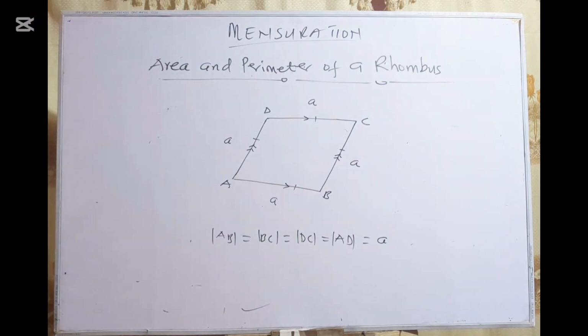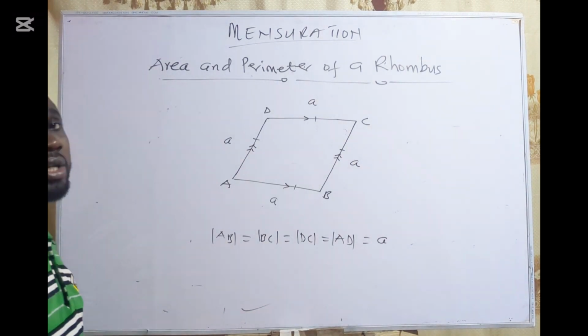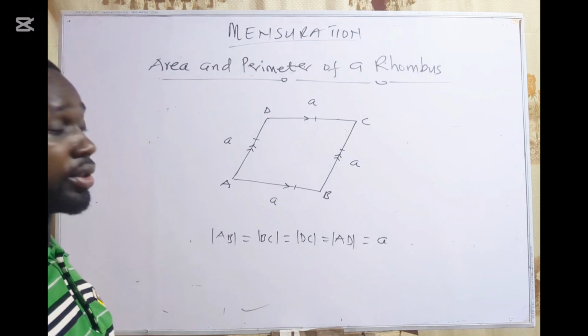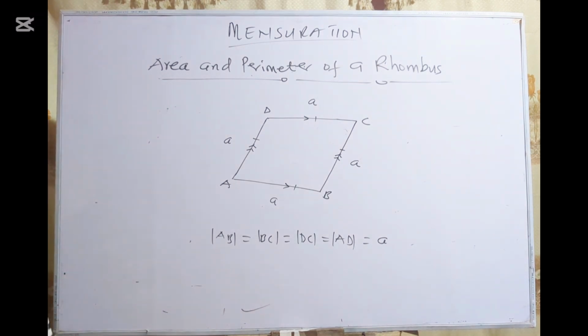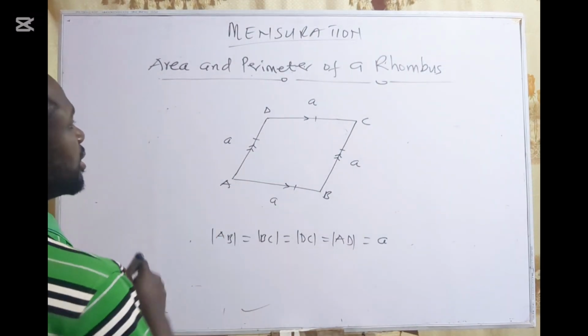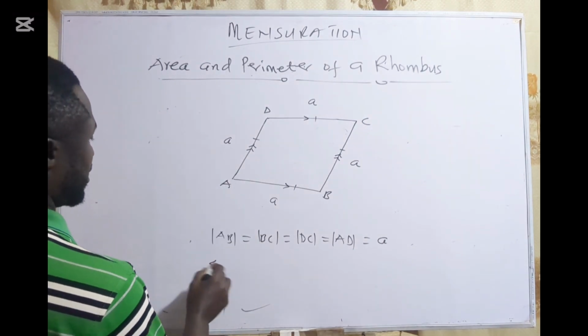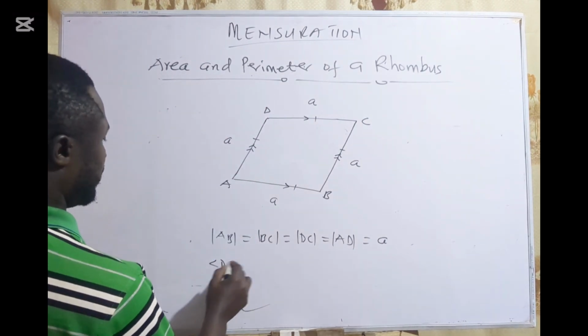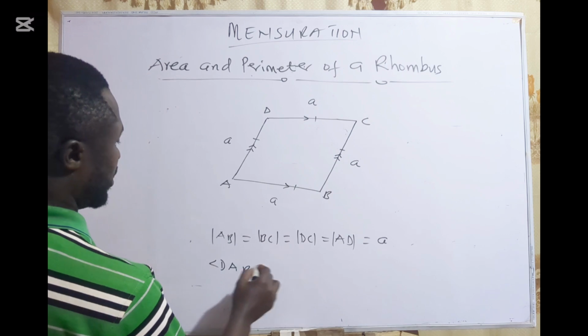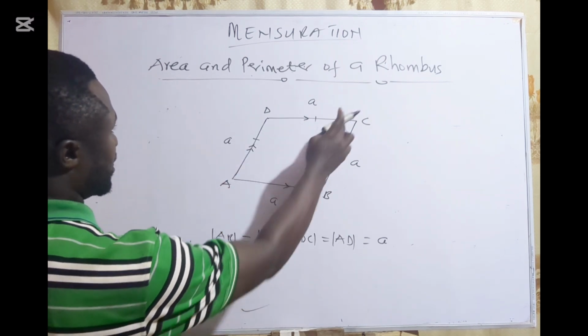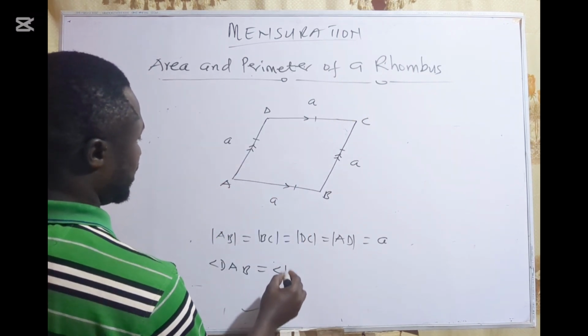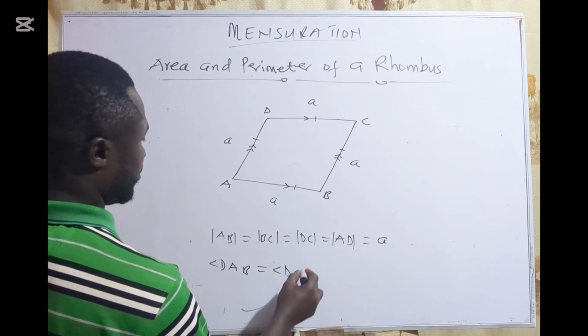So all the sides of a rhombus are the same, and a rhombus is a type of parallelogram. The opposite interior angles are equal. So the angle DAB is the same as the angle DCB.